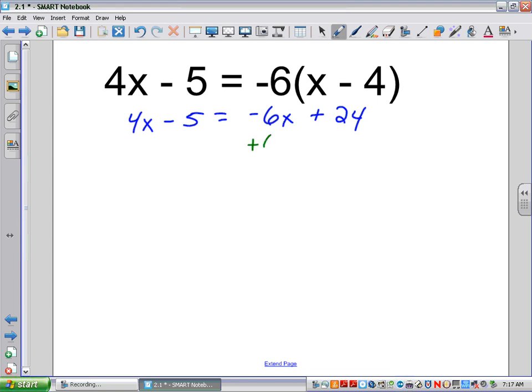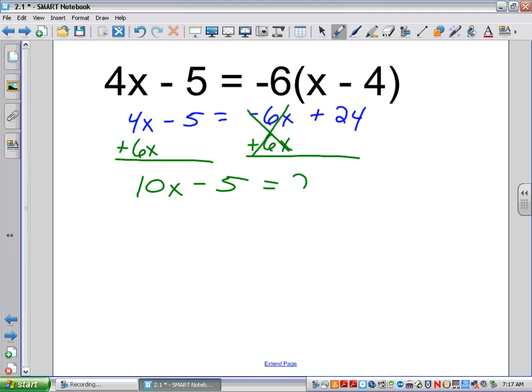Then I'm going to add 6x to both sides. Kind of keeps it positive. So here's your opposites. Mark those out. I'm sorry, 4x plus 6x is 10x. Minus the 5 comes down, equals 24.